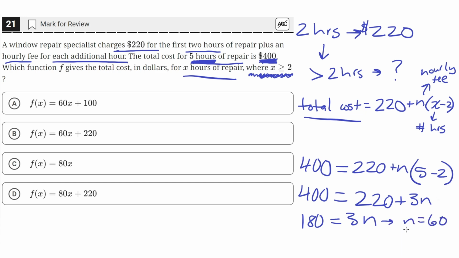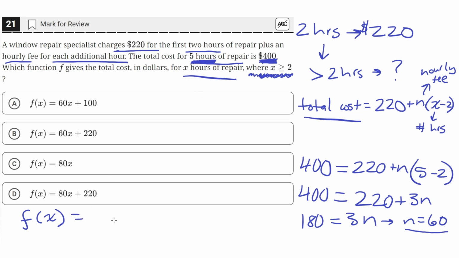Okay, so now we know our hourly fee, so we can substitute that in for our original equation. Let's do that here. We'll say that our total cost is f of x now, since that's what the problem statement wanted us to give it as. It's a function f that gives the total cost as a function of x, the hours of repair.